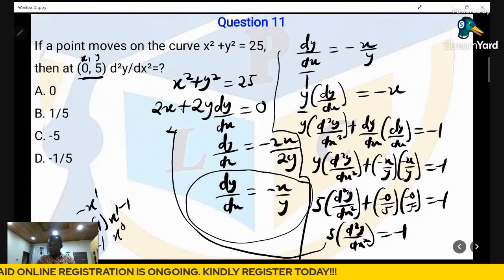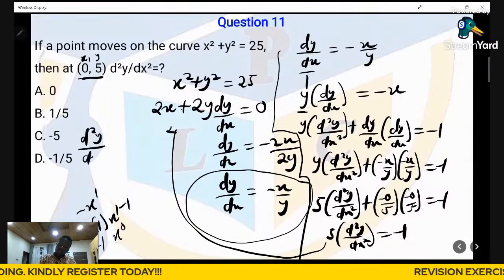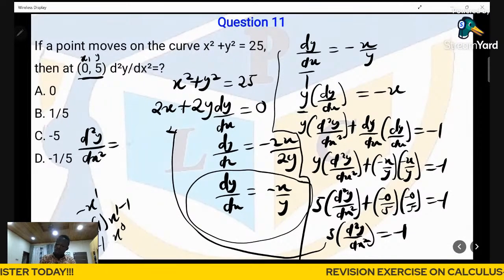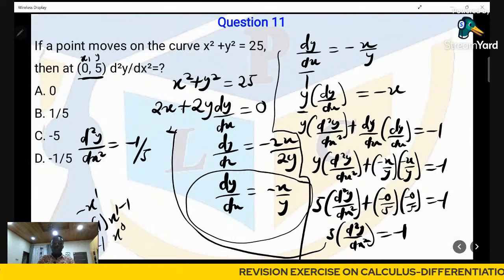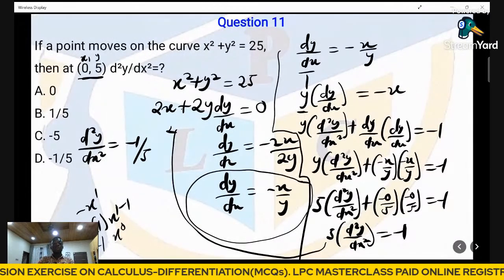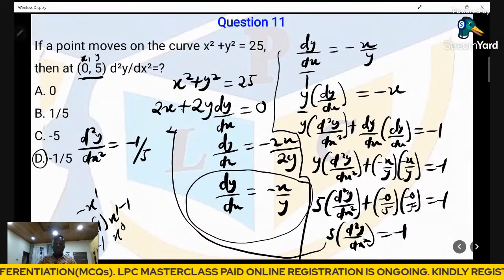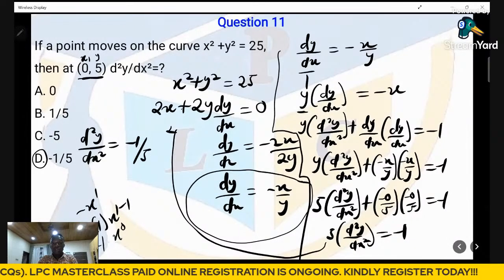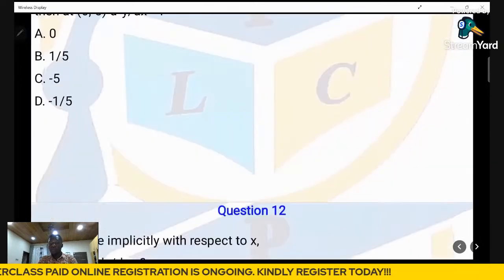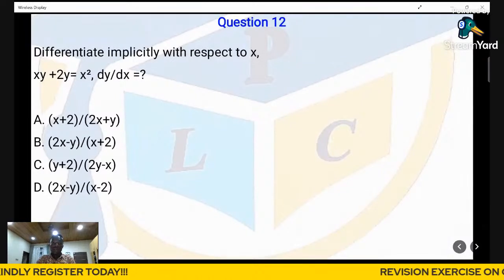When I divide both sides by 5, I'm getting d squared y over dx squared equal to negative 1 out of 5. And that is what you should be able to get when you differentiate x squared plus y squared, which is equal to 25. And that should give you option D. So let's take note of that.